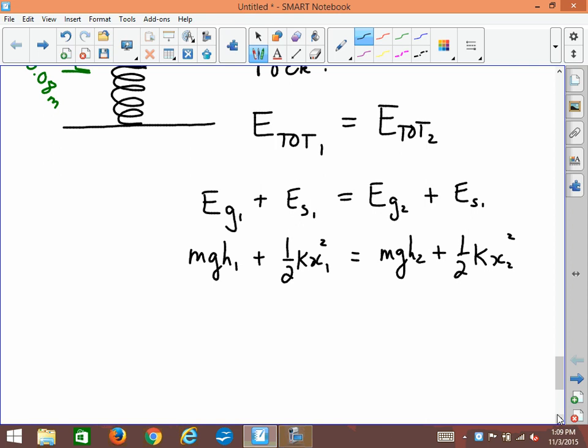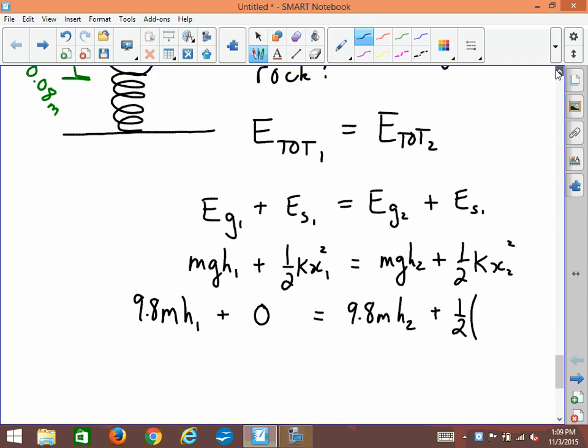Well, yeah, let's do it. That way it'll be simple for you. So the mass we don't know. So it's 9.8 m times h1. Now, there's no kinetic or no spring energy at first because I haven't let the rock go. But afterwards, we have 9.8 m times height 2, and we have some spring energy, 1/2 kx squared.